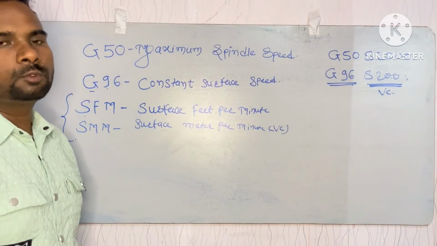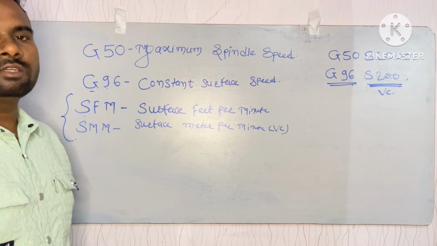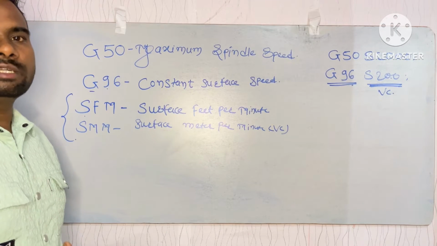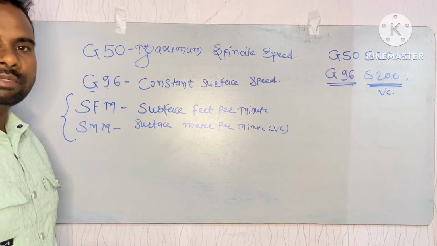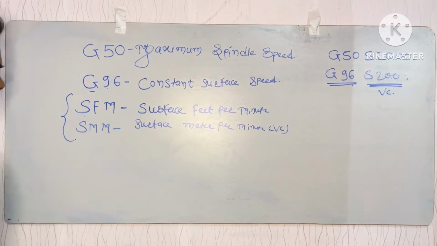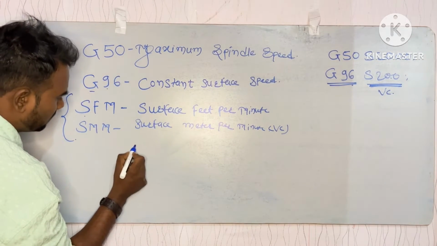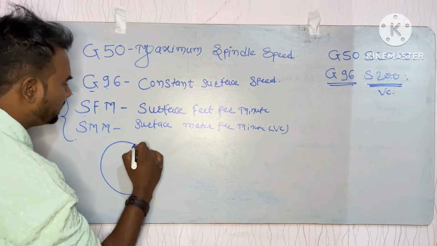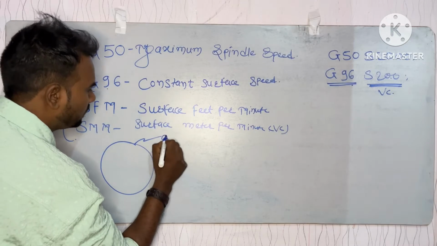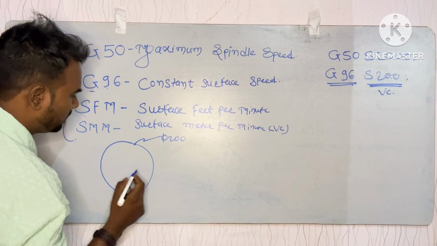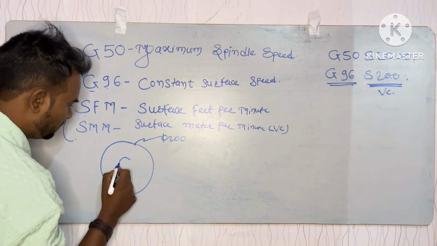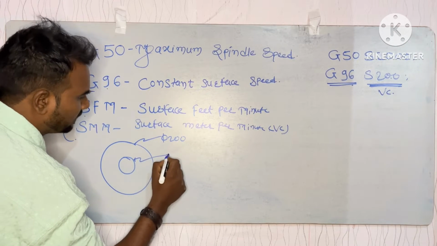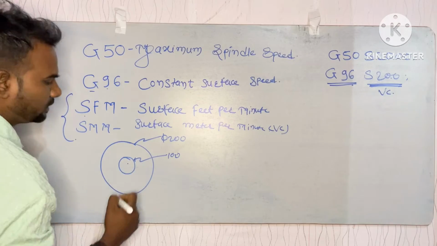Now suppose we are doing a facing operation on a job whose major diameter is 200 mm and minor diameter is 100 mm. Let's check it. This is diameter 200, this one is diameter 100, and this portion is the hollow portion.